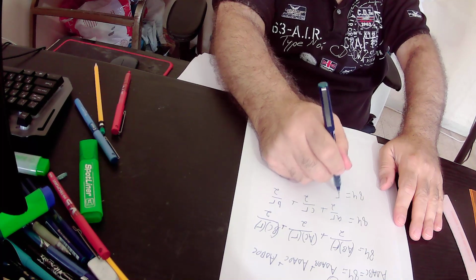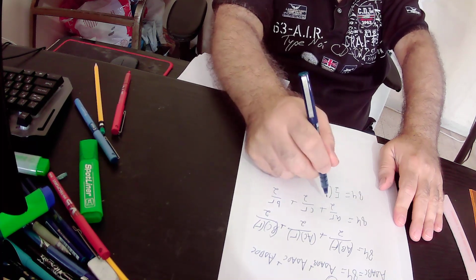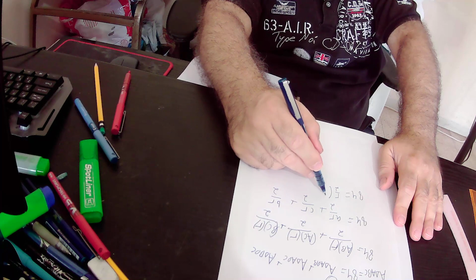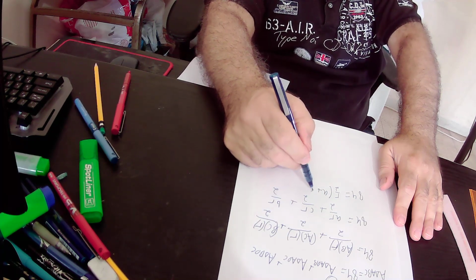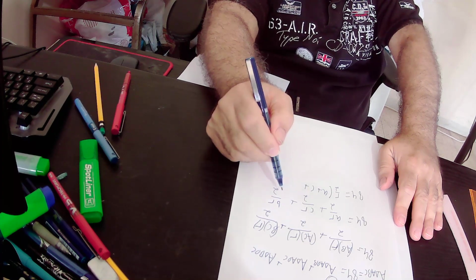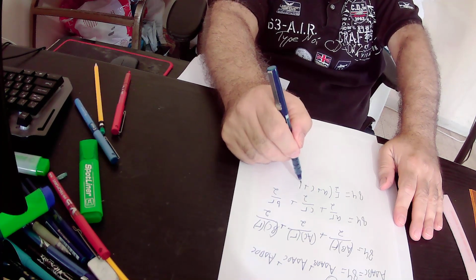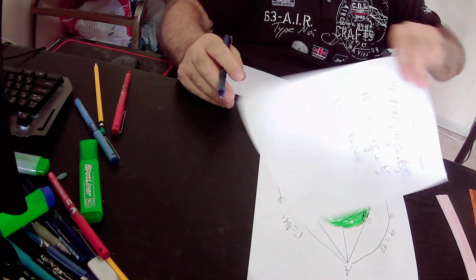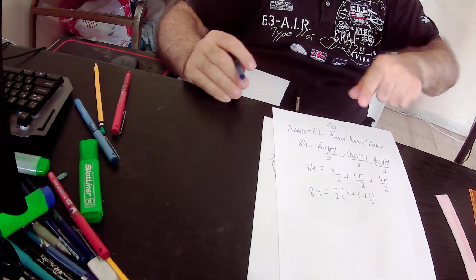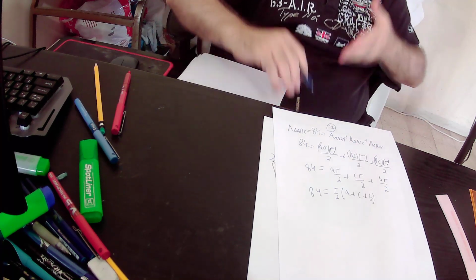Inside the bracket we will have A, here is left only C, and here we are left with B. So we found out that 84 equals R over 2 times (A plus C plus B).